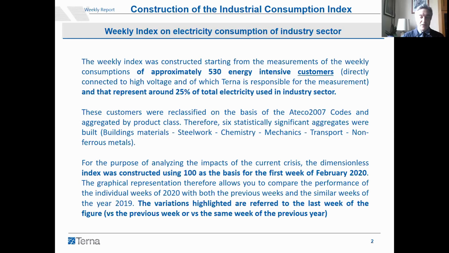So using the data of this privileged observation point that Terna has, we were in a position to monitor every day the consumption of a special group of 530 energy intensive customers that were directly connected to the grids of Terna, which has the responsibility of these measurements.